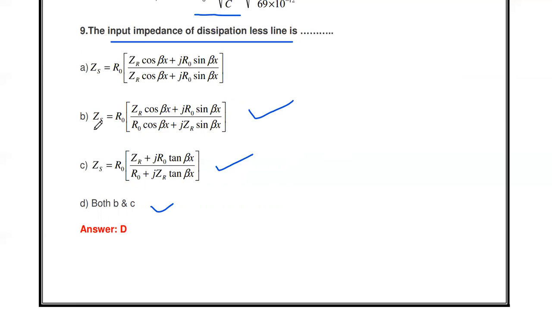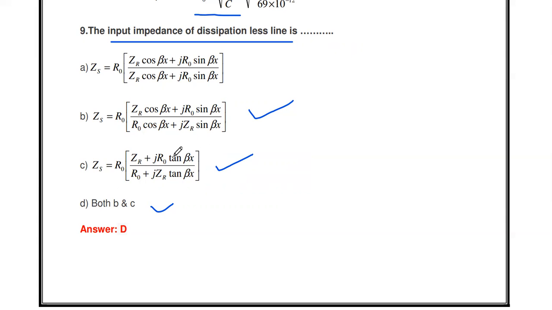So B, you see the input impedance ZS is equal to R naught ZR cos beta x plus j R naught sin beta x divided by R naught cos beta x plus j ZR sin beta x. This is one more formula. From this formula, if you take cos beta x outside from both numerator and denominator, we will get one more formula in terms of tan. So you see, ZS equals R naught ZR plus j R naught tan beta x by R naught plus j ZR tan beta x.